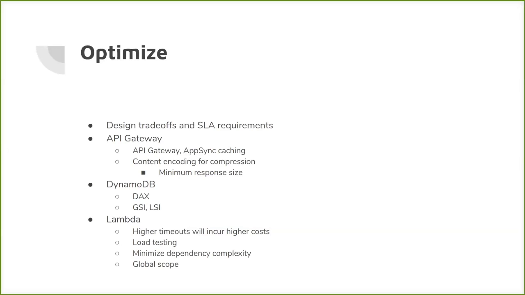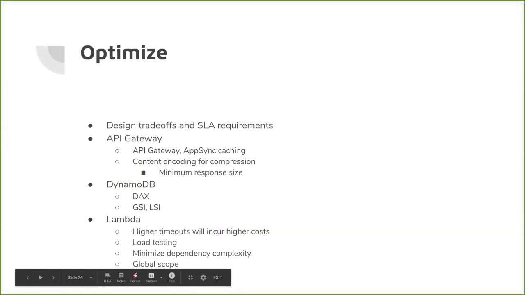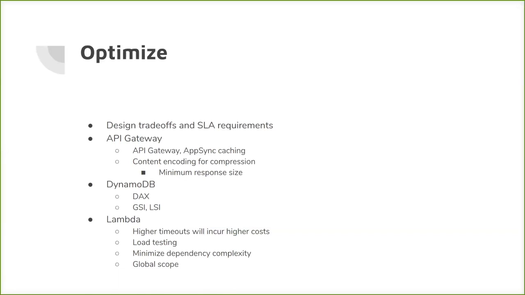Inside Lambda, there's something called global scope, which we can use. As you know, when a request is fulfilled, Lambda doesn't fully take down the instance. It stays up for some time. If a consequent request comes in, it will reuse the same Lambda instance that was created earlier to serve that request.